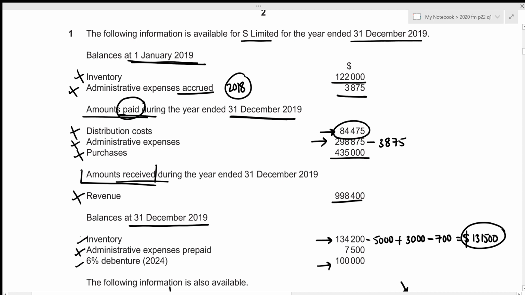So these are the prepayments for the next year, which means that these are the actual administrative expenses for the year of 2020, which should not be included in our income statement for the year 2019. So I'm just going to exclude this amount of 7,500 as well by subtracting it. Now this gives the administrative expenses to be included in our income statement to have the value of 287,500.